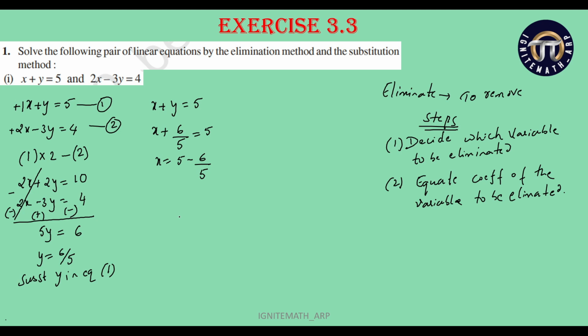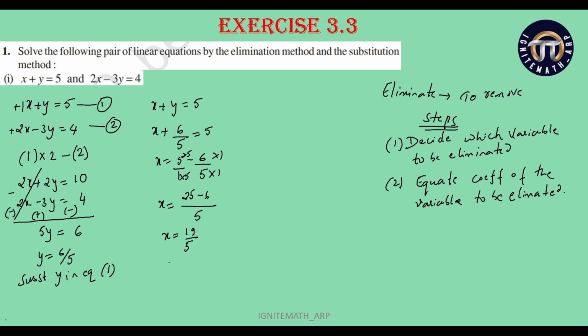The LCM of 1 and 5 is 5, so 5 is multiplied with 5 to get 25, and here the LCM is already 5. So 25 minus 6, and I get x is equal to 19 by 5.